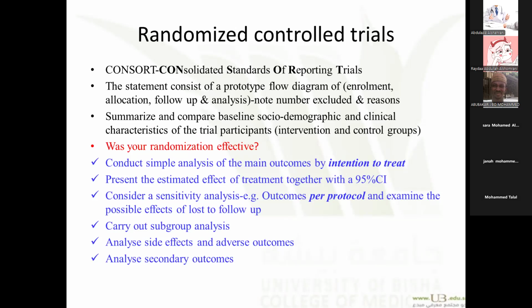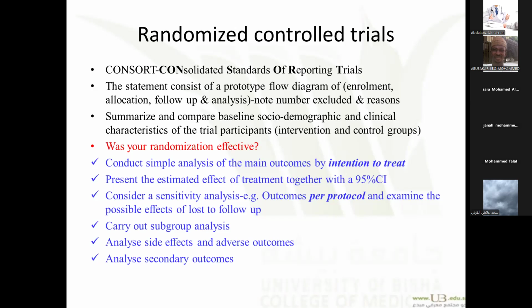It's like a prototype of a flow diagram that shows you how many people were enrolled at the beginning, where exposures have been allocated, how the clients have been followed up to the latter, and the analysis of the data.